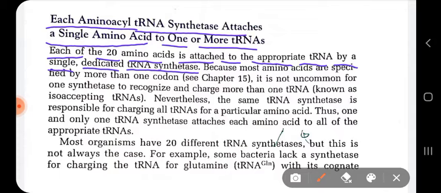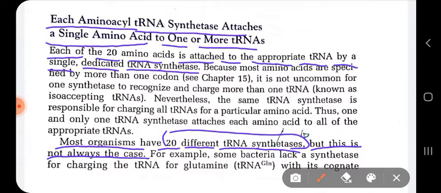But I have also mentioned that most organisms have 20 different types of tRNA synthetase. So the amino acyl tRNA synthetase varies between organisms. Like I have just said in the previous video lecture, most organisms have 20 different tRNA synthetases, but this is not always the case.